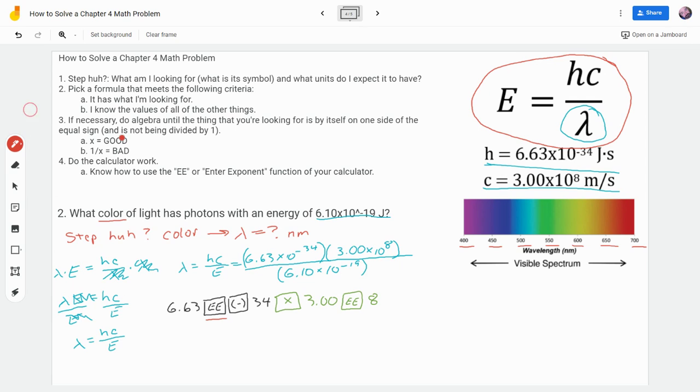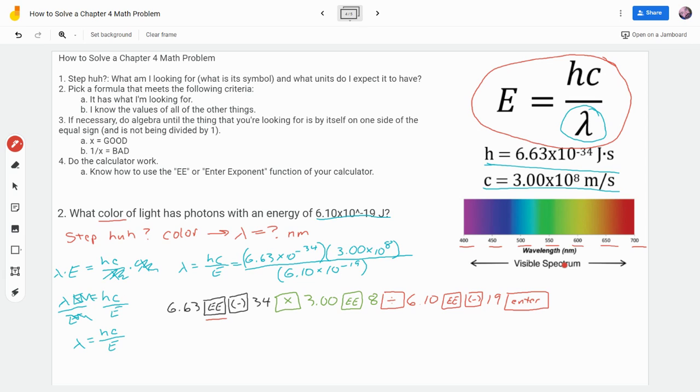So the next thing I would hit is the divide by button, and then 6.10, and then the EE button, and then the minus button, or the negative button. Sorry, it's not the subtraction button, it's the button that looks like that, and then 19. And then at the end of all that, you hit the enter button.